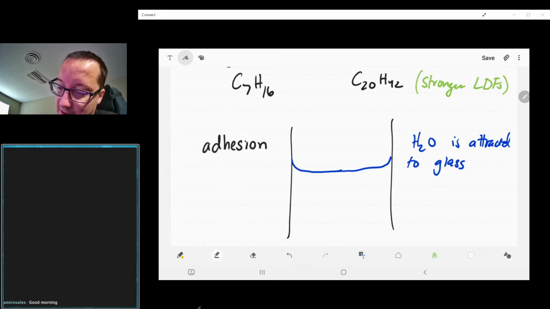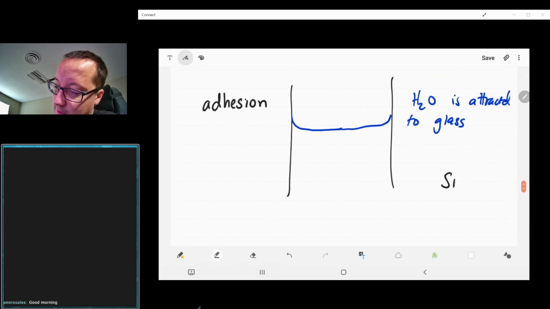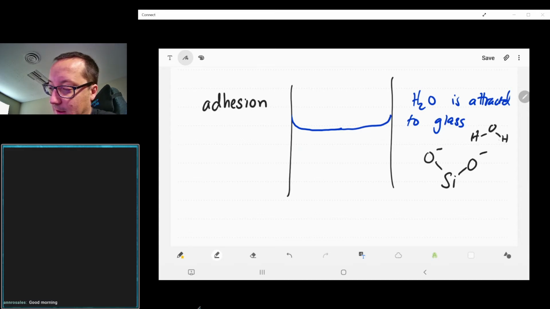So glass at its surface has negative oxygens. The positive bits from water can interact with those negative charges on those oxygens, and the water will climb up the glass a little bit. You can also have capillary action here, where water can be pulled up within a glass tube by itself, because it's attracted to it.